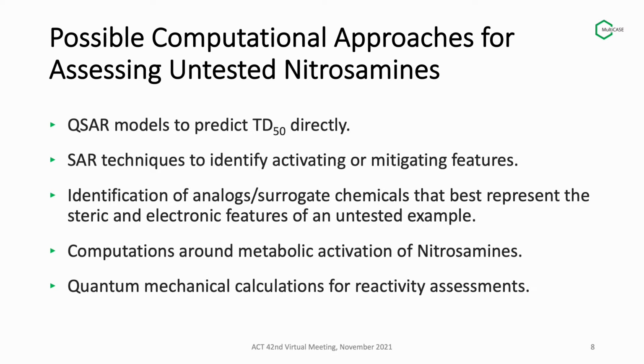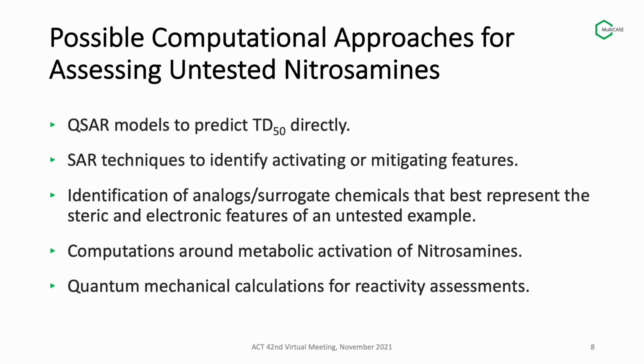There are qualitative techniques which are known as SAR techniques. They can identify various structural features in the nitrosamine molecule that can either make a nitrosamine more potent or less potent, and these techniques are qualitative in nature.